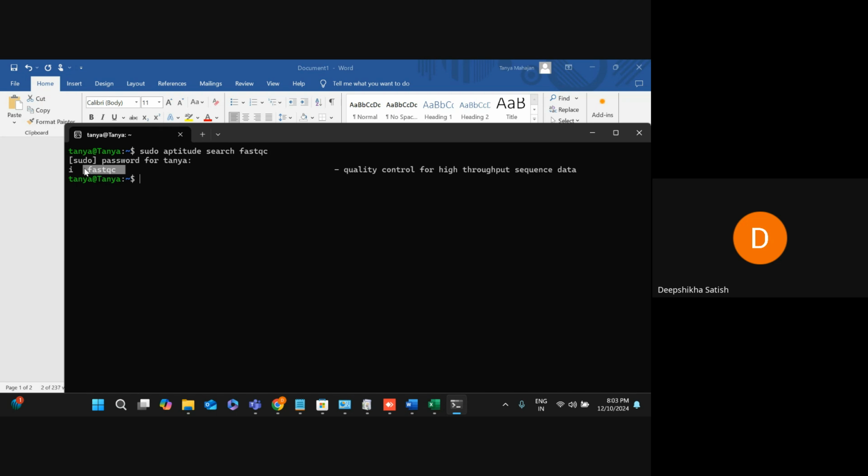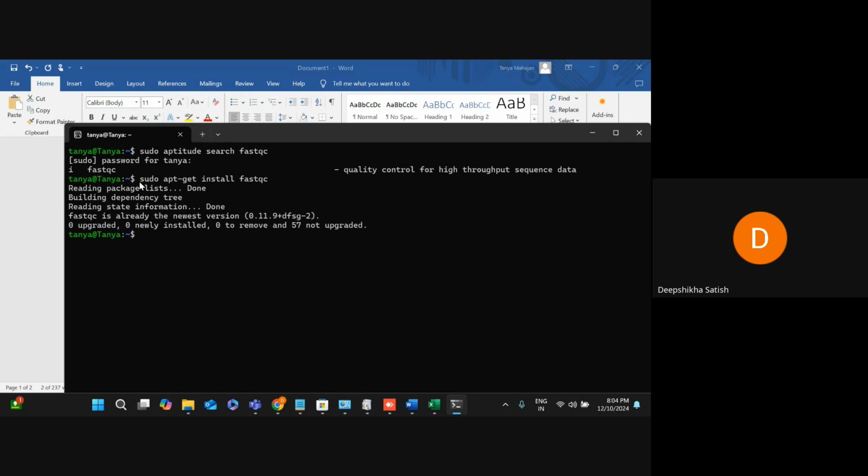Can you see FastQC? What is it doing? Quality check, right? For your data. Now we know that in the aptitude, the FastQC tool is there. So we have to install this tool by running this command: sudo apt-get install fastqc. Enter. It is installed. Then how to check whether it is installed or not?